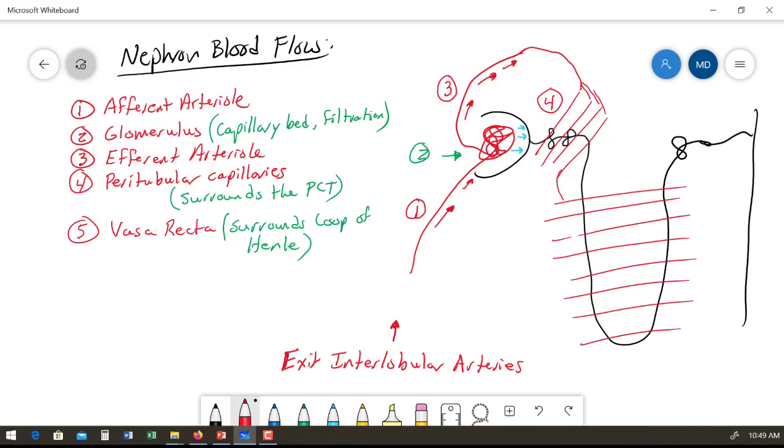Okay, so these are basically going to be flowing down into here. Of course, it doesn't look like this. This is just a not very good representation, but it's just to give you an idea of what's happening here, right? So number 5, the vasa recta are the capillaries that overlay the loop of Henle. From there, the blood then flows into another set of capillaries, once again called peritubular.